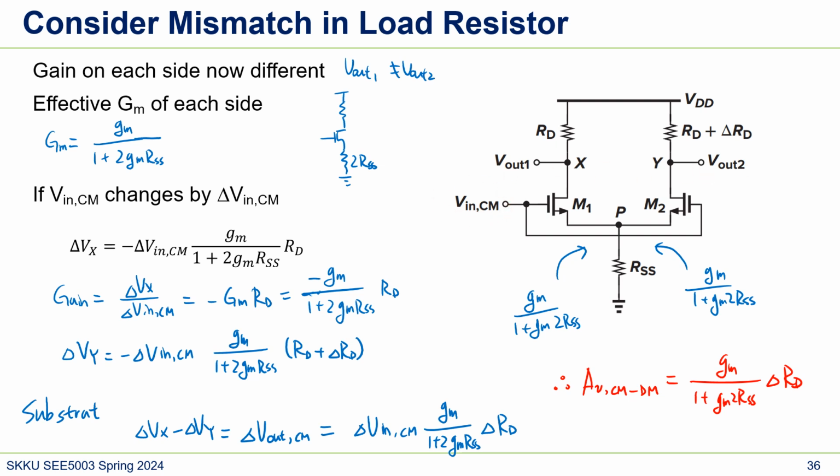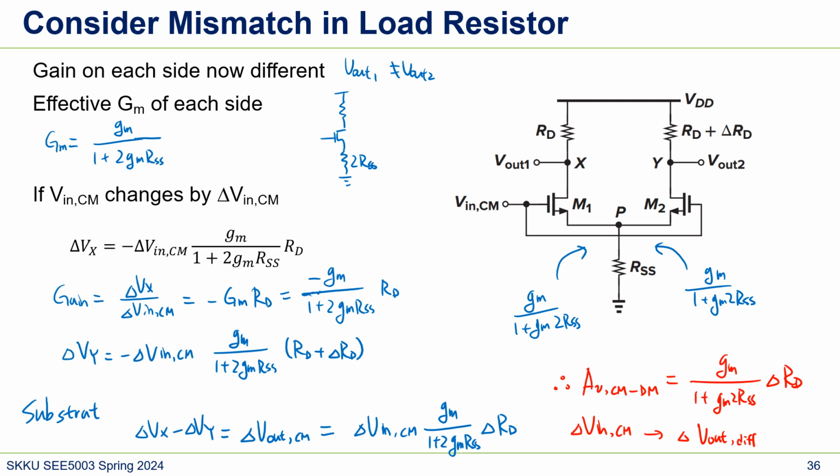It means that delta V in CM will go to the differential output and produce delta V out differential.